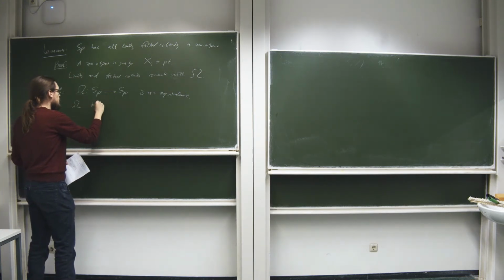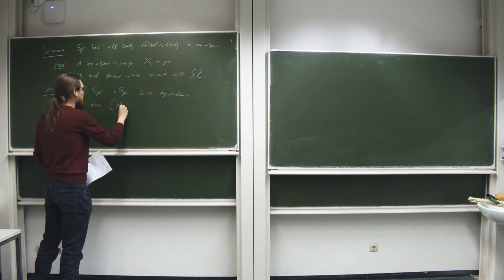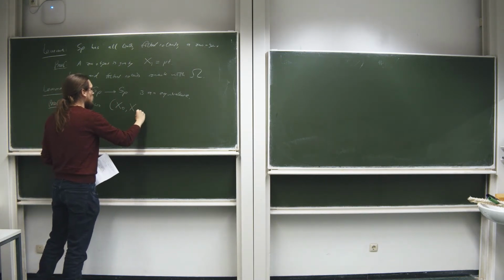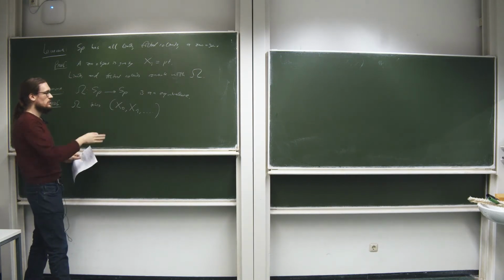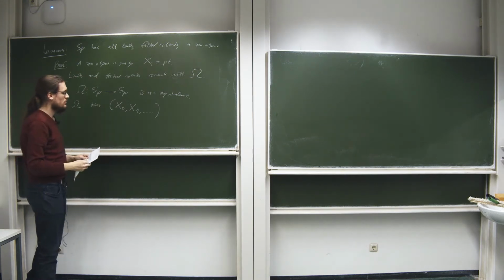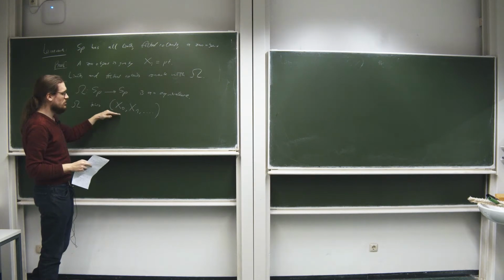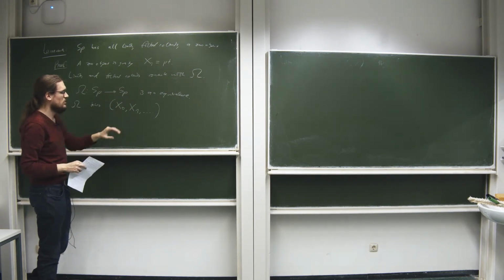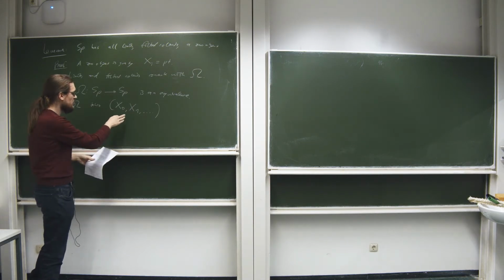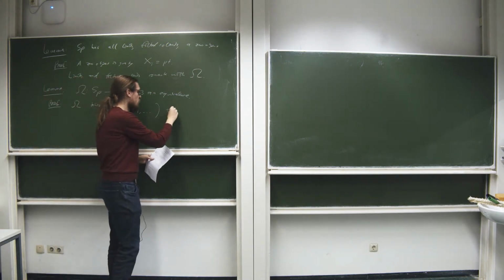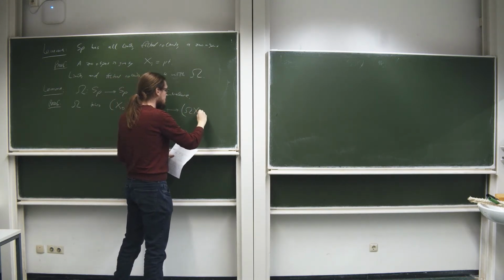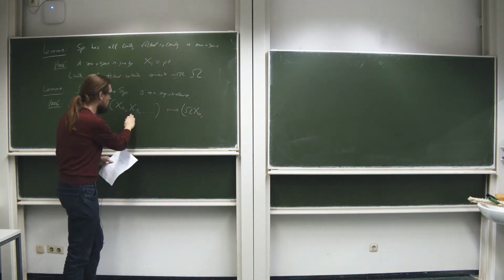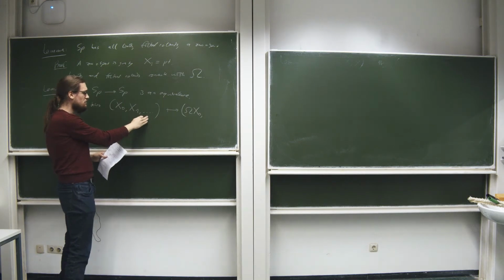Omega takes a spectrum x0, x1, and so on. Of course, part of the data are also these equivalences from x_i to loops x_{i+1}, but let's keep these implicit. So this takes this spectrum to, well, loops x0 and then loops x1, loops x2, and so on.